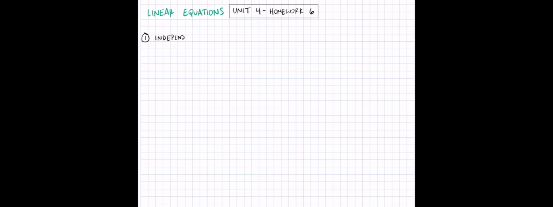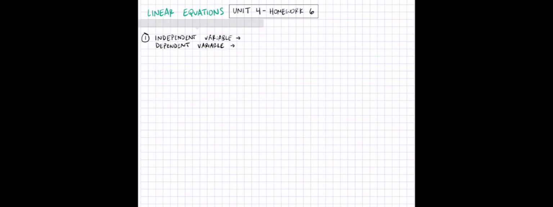Independent variable. Let's see if my pen works nicely today. So we have the independent variable, and then I'll go ahead and write the dependent variable. And then I'll just go ahead and copy this each time.